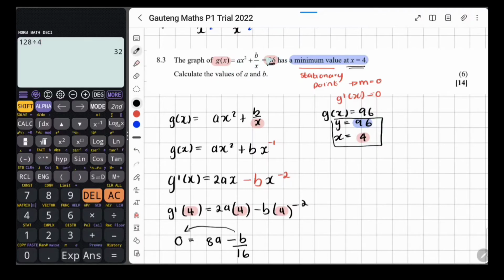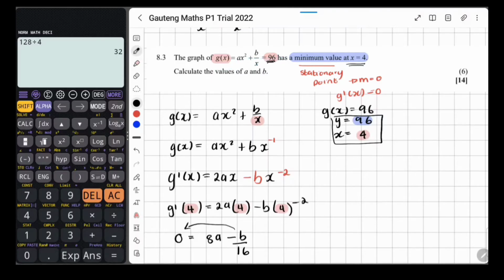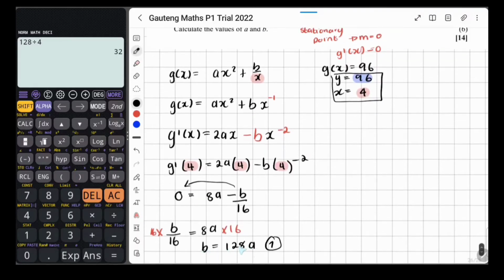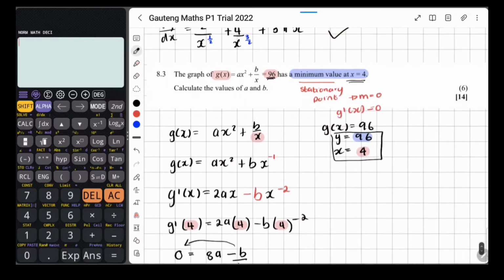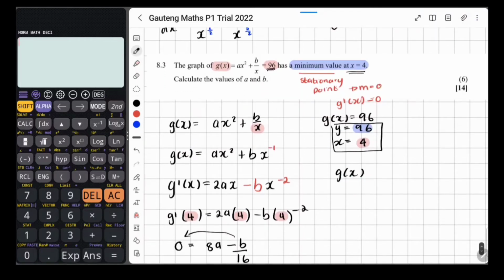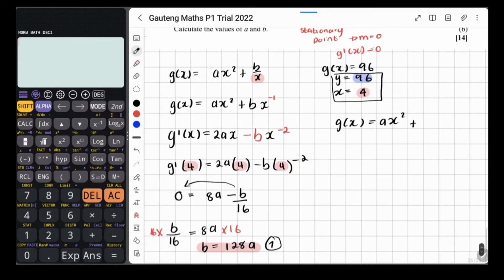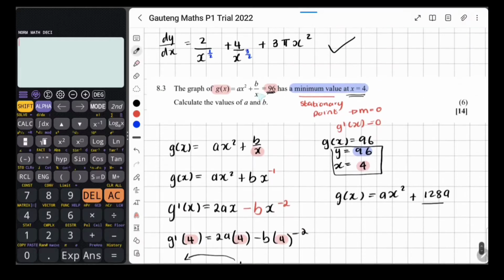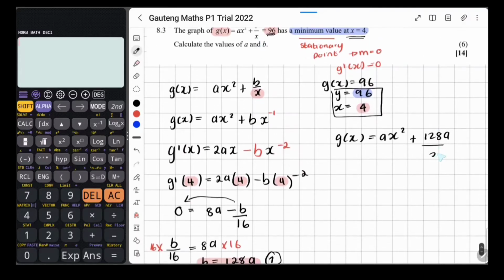Now that we know the x and the y value, we're going to substitute into our g of x equation. But let's first update the equation because we know what b is now, it's 128a. So g of x is equal to ax squared plus 128a over x.